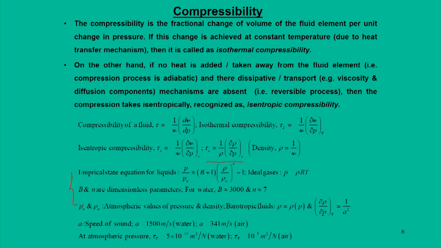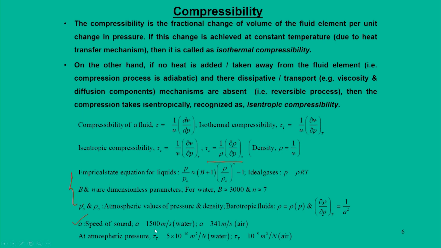However, recalling our previous concept of the speed of sound with the isentropic compressibility factor, the speed of sound in air is close to 341 meter per second, given by the square root of gamma r t.